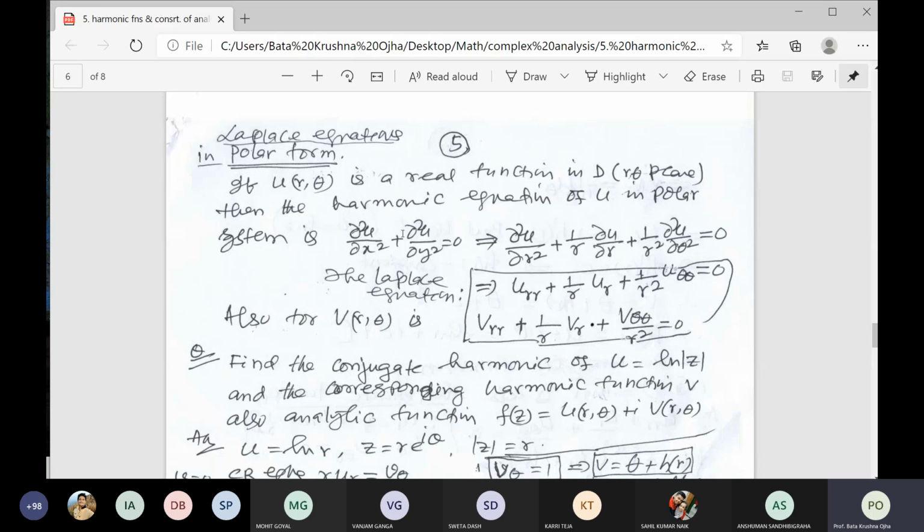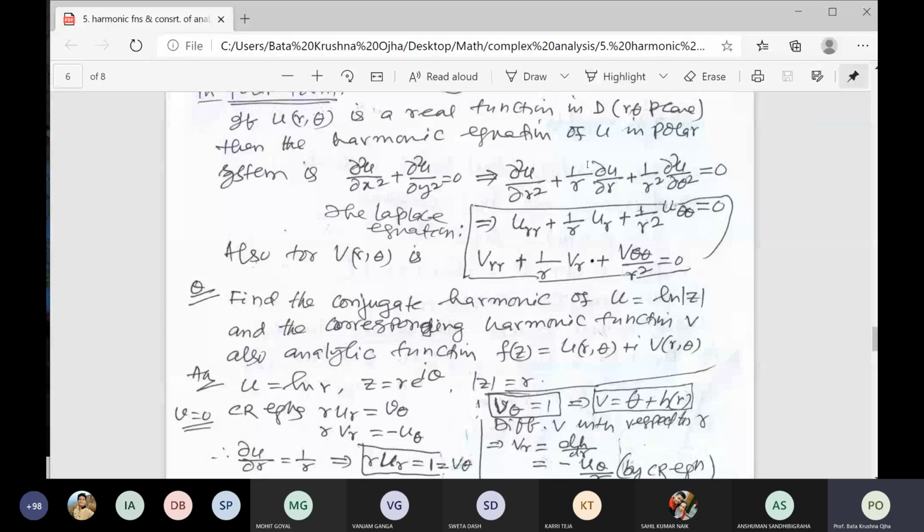What is the Laplace equation in polar form? u is a function of r and theta, the real part of the function f(z). Then the harmonic equation of u in the polar system, converted from rectangular to polar form, is del square u by del r square plus 1 by r del u by del r plus 1 by r square del square u by del theta square is equal to 0.